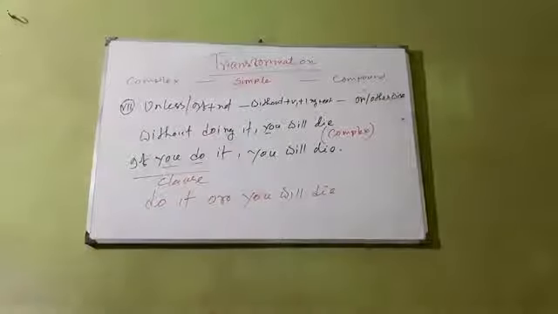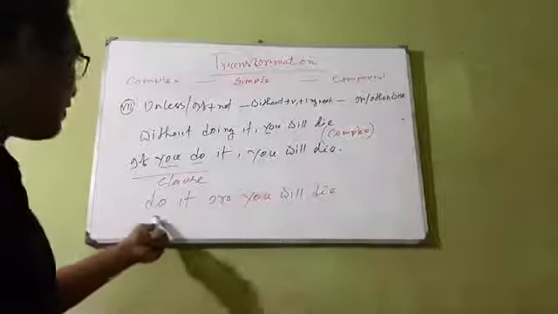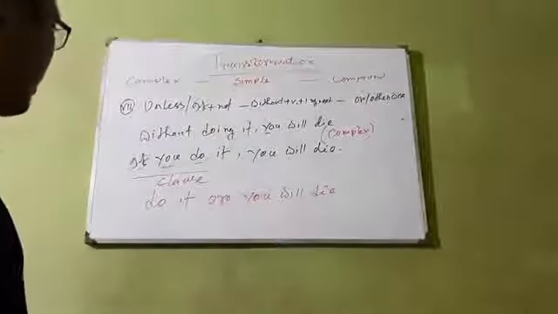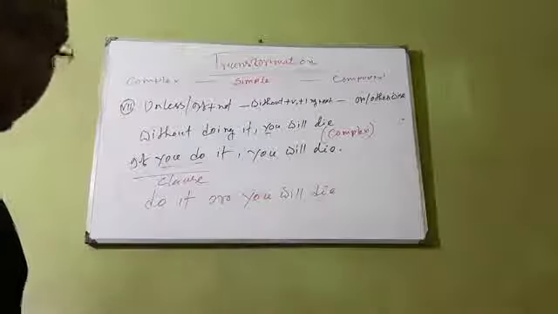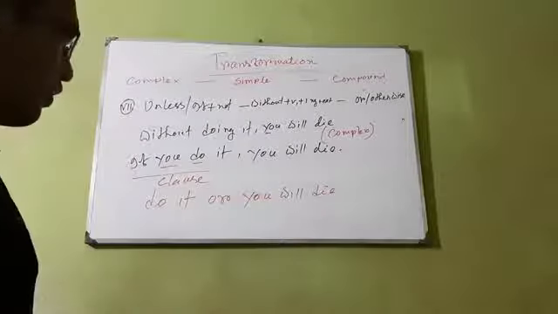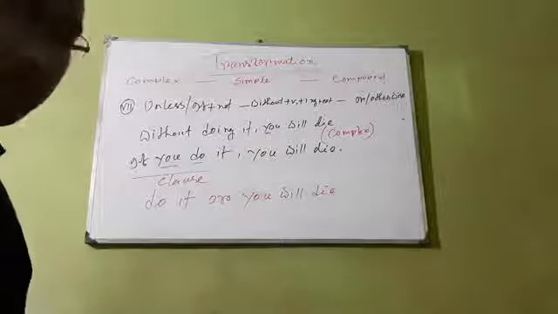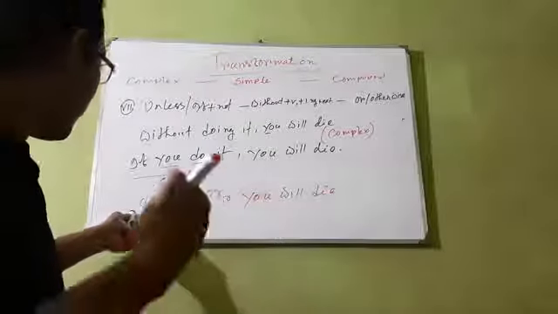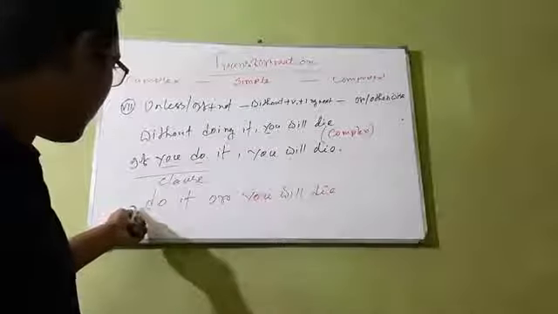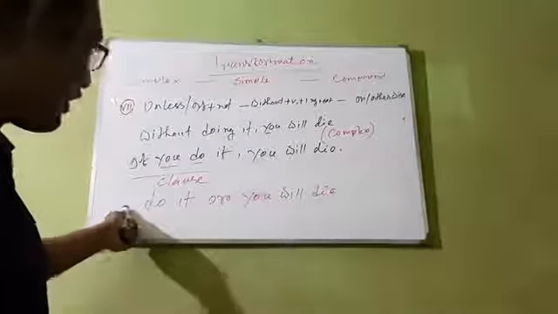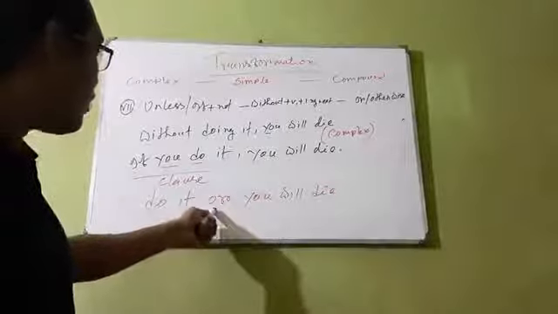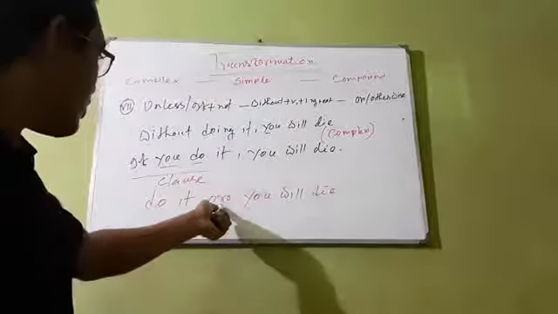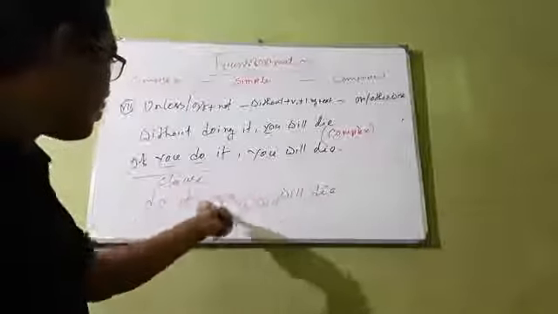Now, this is an imperative sentence and this is also an imperative sentence, and we all know if in an imperative sentence the subject is you, always it is you, we can leave it, we can discharge it. For this reason we have discharged the subject of the first clause. Okay, we have to use or oblique otherwise as conjunction in the middle of the two clauses.